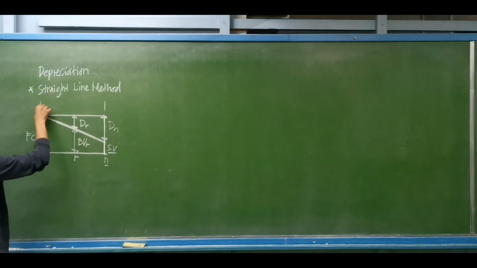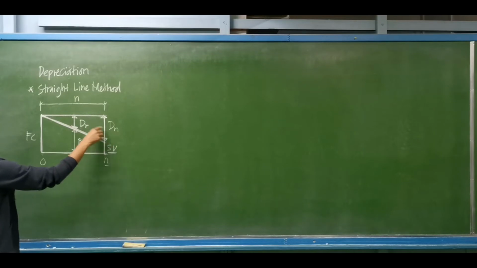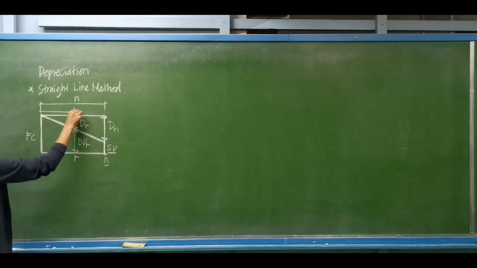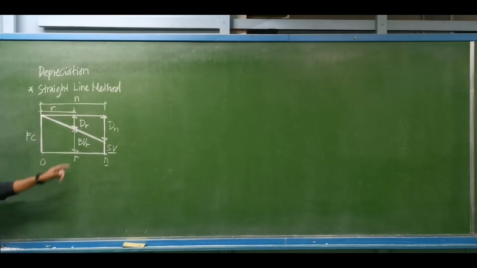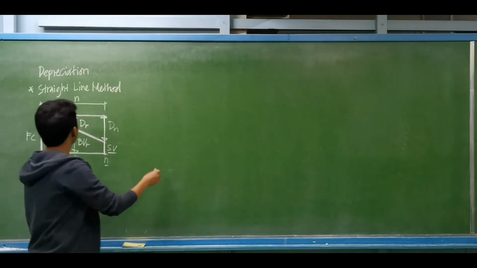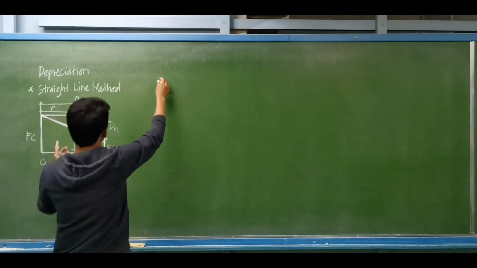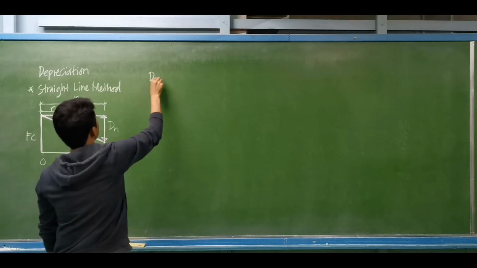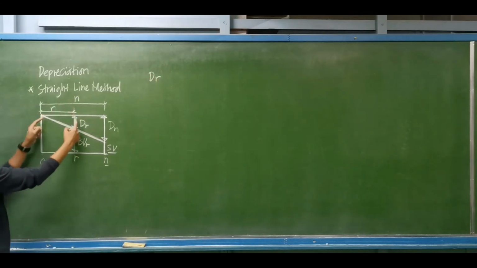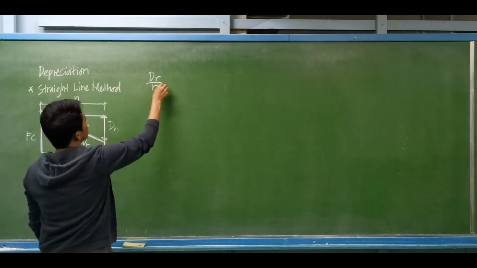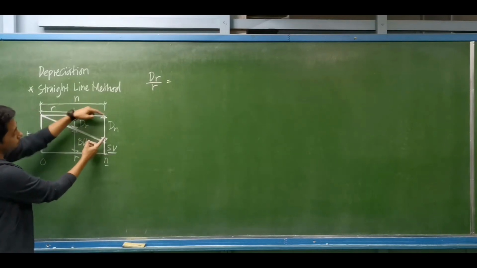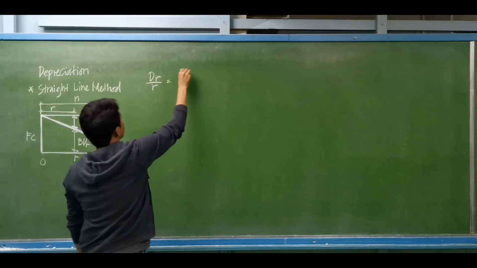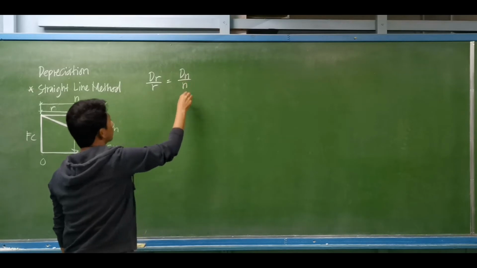This period is the same as n that corresponds to dn, while this period is r that corresponds to the value dr. By ratio and proportion of similar triangles, dr is to r is equal to dn is to n.